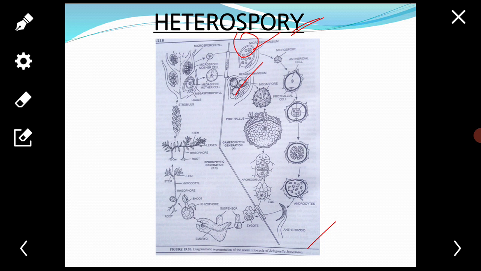Consequently, the megaspores become much larger in size and store more reserve food as compared to microspores.